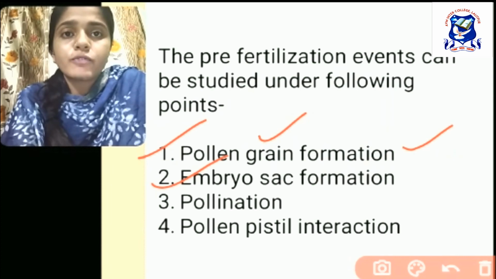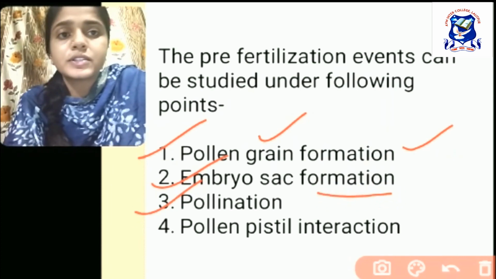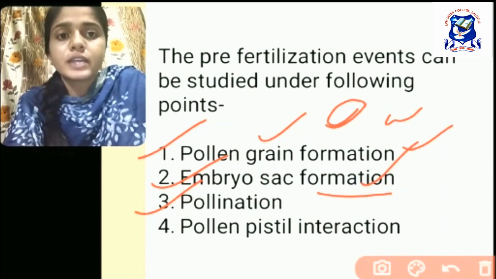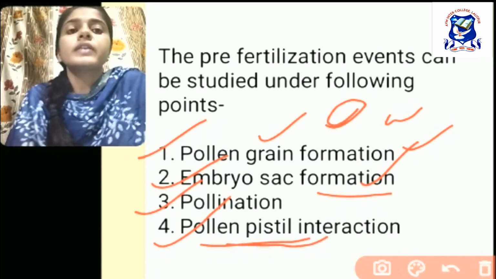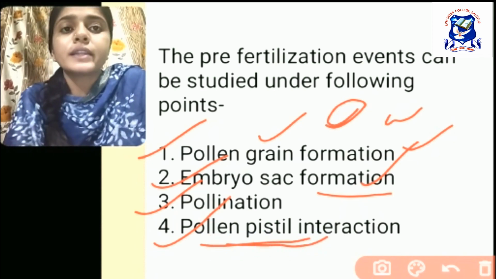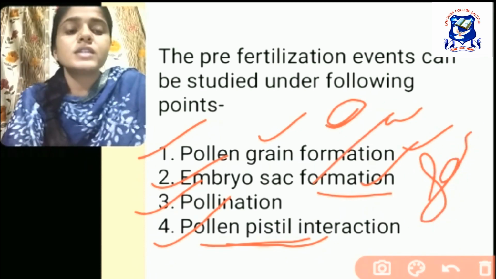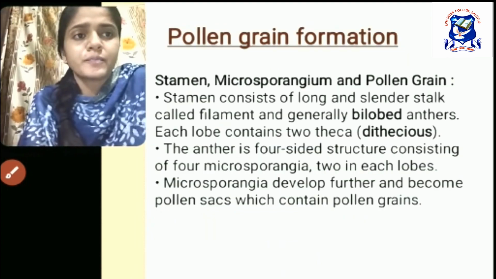Second, embryo sac formation, which is the female reproductive part. Then comes pollination, that is transfer of pollen grains from anther to the stigma. Next comes the pollen pistil interaction, that is the development of pollen tube, and then the fertilization process comes. So these events are the pre-fertilization changes.